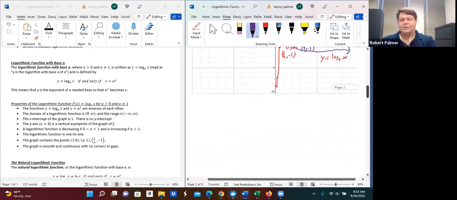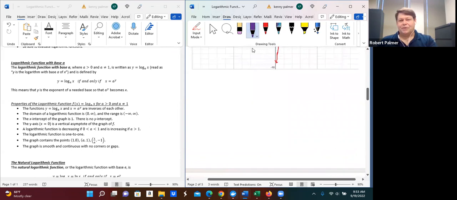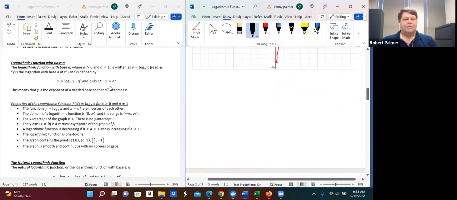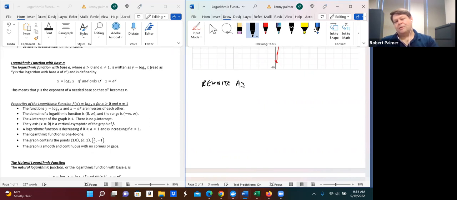Now let's take a look at a few other ideas, especially going back to this understanding of being able to go back and forth between these two forms. Let's say first we want to rewrite, our directions would be to rewrite as a logarithmic expression.